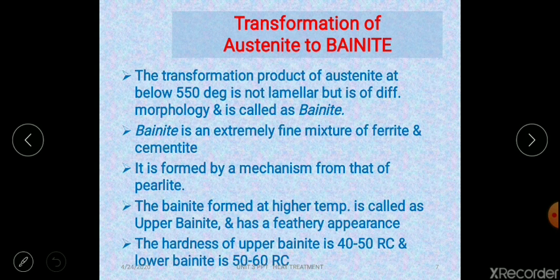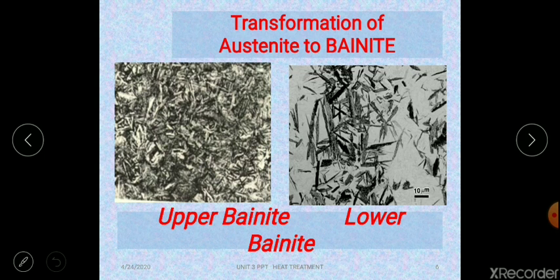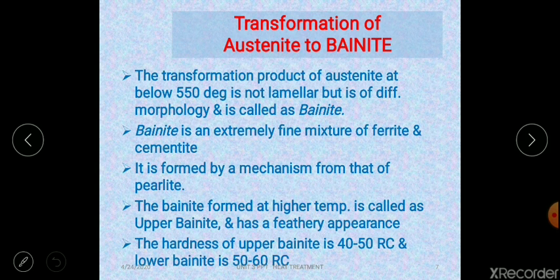When austenite is cooled below 550 degrees Celsius, the transformation product of austenite is not in a lamellar crystal structure, but in a different morphology, that is needles or a flake type we can say. This different morphology under 550 degrees Celsius is nothing but bainite.